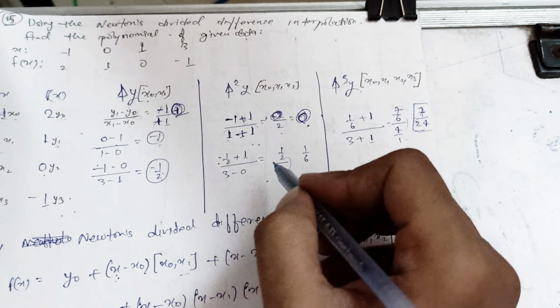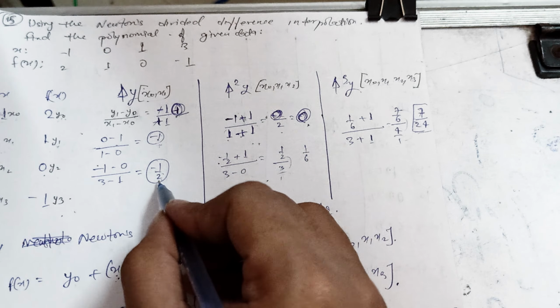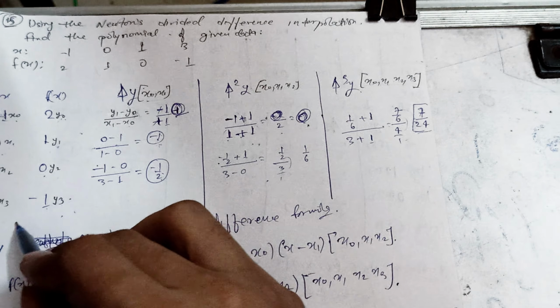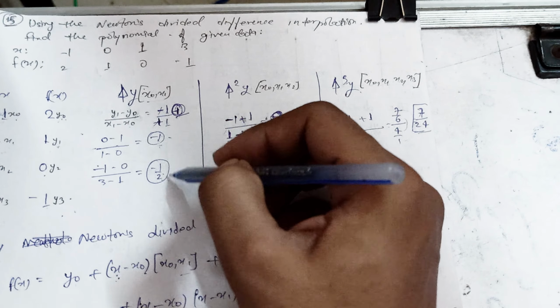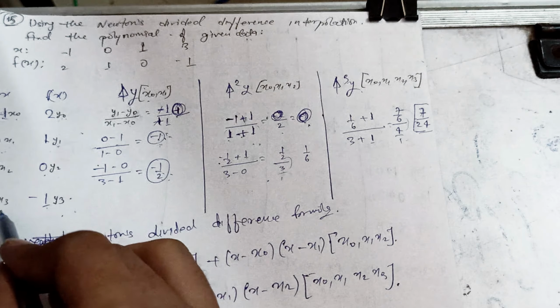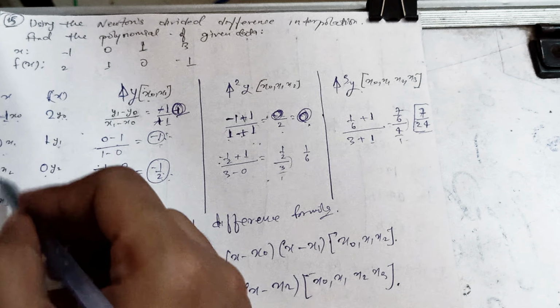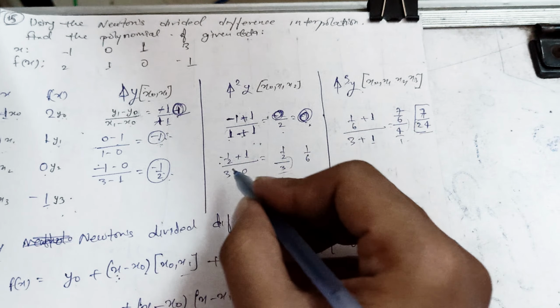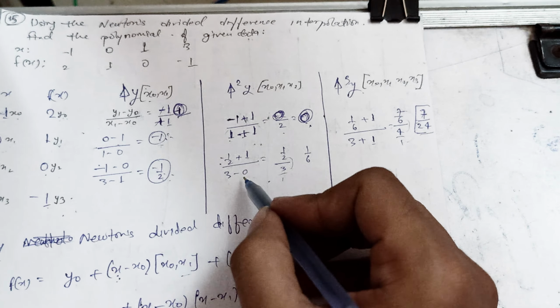And for this term we are evaluating in between minus 1 by 2 and 0 minus minus, that will be plus 1, over 3 minus 0. We are computing in between these two, and they are from 3 and 0, in between which the values of x lie, so we are evaluating 3 minus 0.